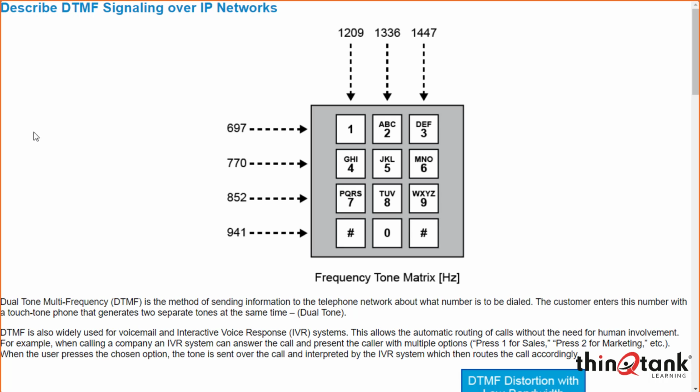Let's talk about the dual tone multi-frequency component. Simply put, this is when you push the buttons on the phone, they make those funny noises, and it allows us to provide some sort of signaling control over the voice channel. We use this to indicate characters or numbers being pushed on the dial pad, to either navigate through an auto attendant or to enter information during the call, data information, if you will.